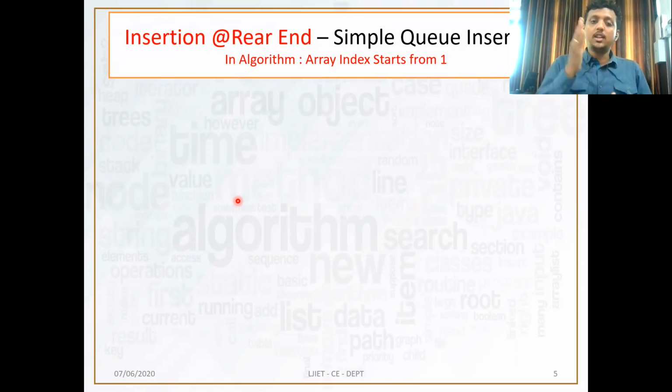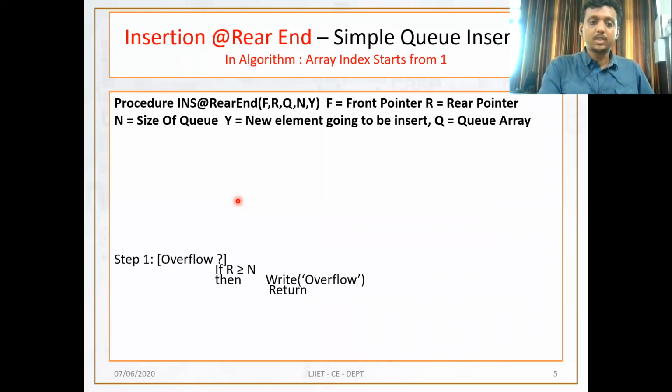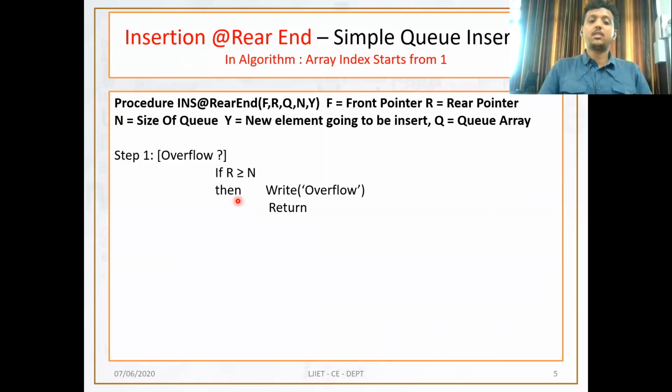This is insertion at rear end, so I am concerned with only the rear end. If my rear pointer is pointing to the last position of the queue, n, then my queue is full. So this is my step number 1: if rear is equal to n, then write overflow and return.